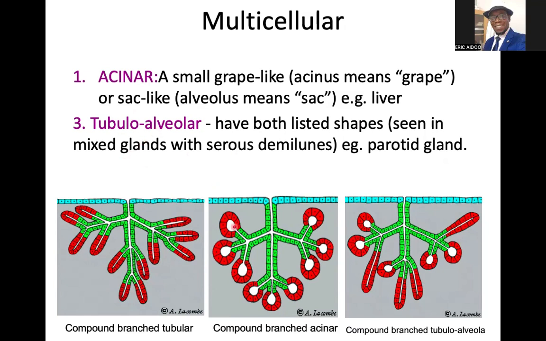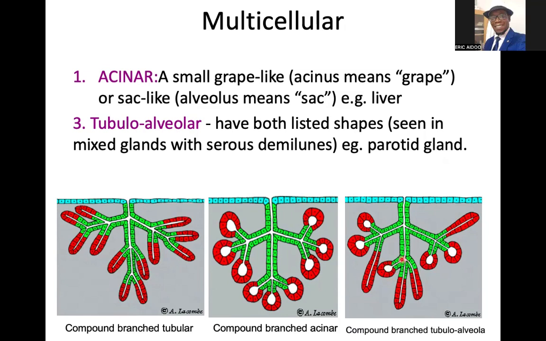Okay, so like this one, this is tubulo-alveolar. However, the alveoli are just on their own. So there are times that you can have the tubulo-alveolar where the alveolar forms a serous demilune like a half moon, and then the tubular will also join it.